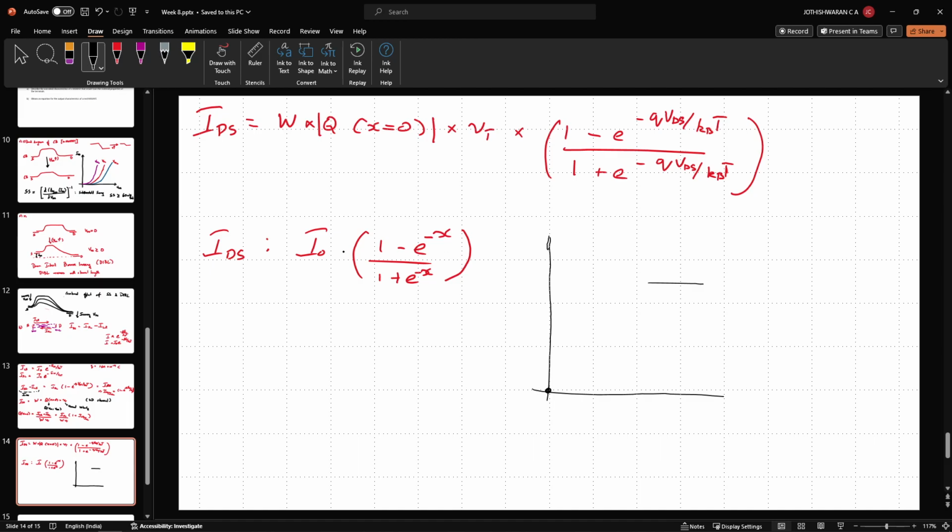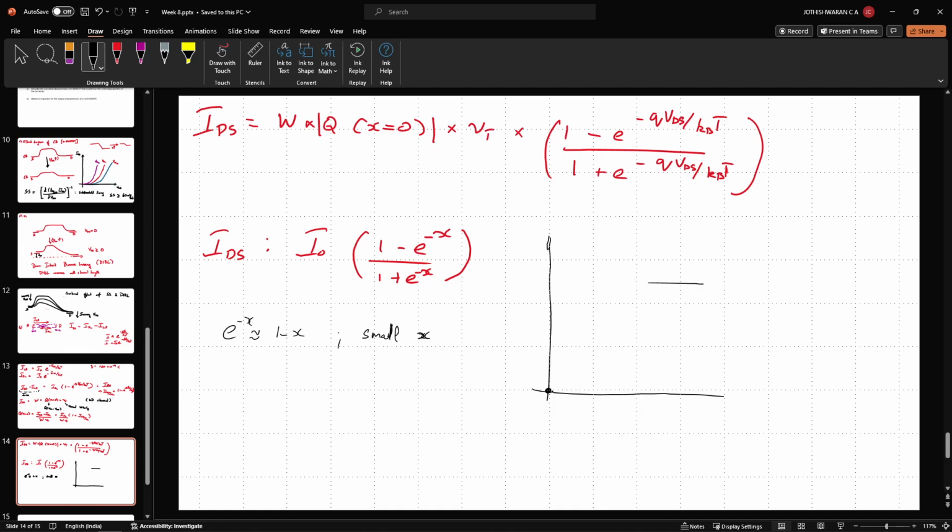Now for very small values of x, e to the power minus x is approximately equal to 1 minus x. So immediately after VDS equal to 0, this is (1 minus (1 minus x)) divided by (1 plus (1 minus x)), which is essentially x divided by 2 minus x.